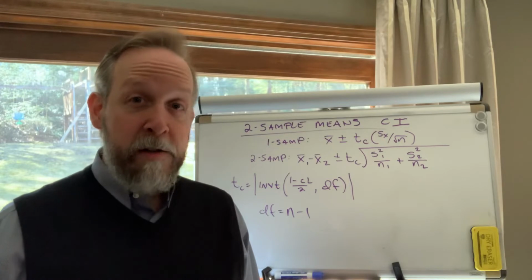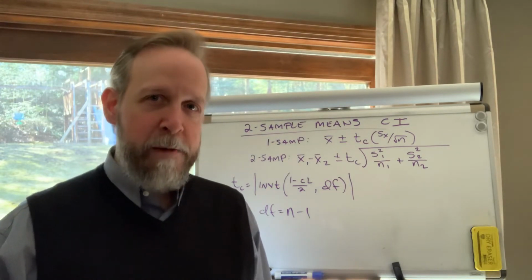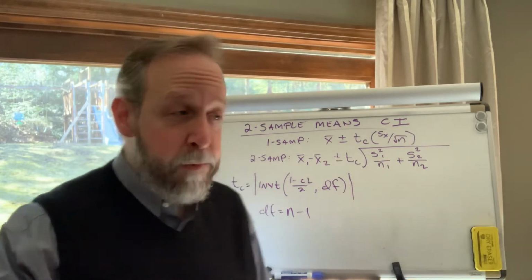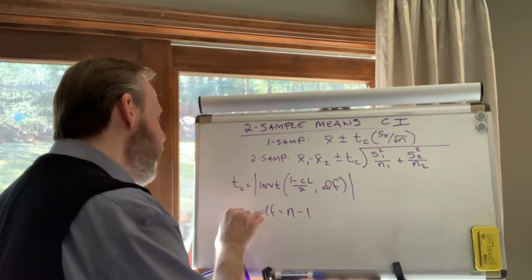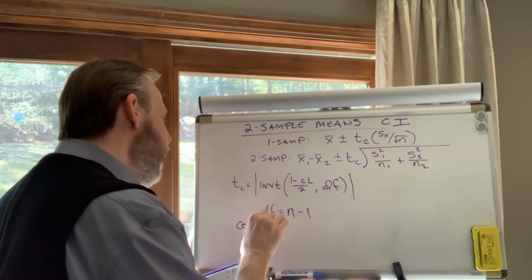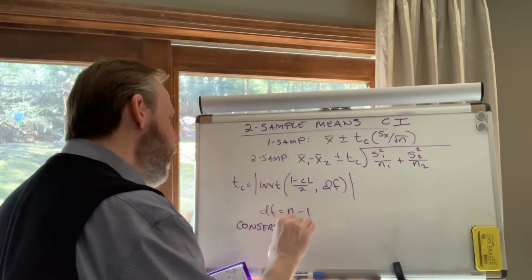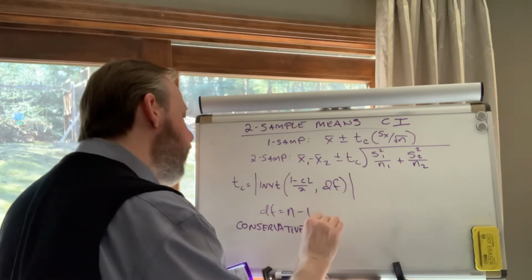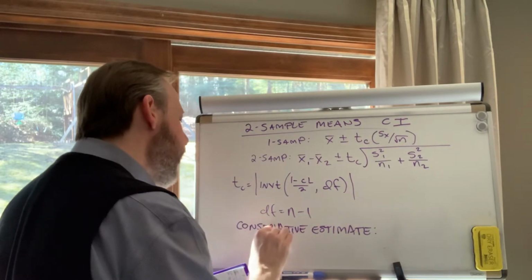And I have to err on the side of caution. We use the smaller of the two sample sizes minus 1. Okay? We call it the conservative estimate because we're being conservative. We're erring on the side of caution. So the conservative estimate is the smaller n minus 1.